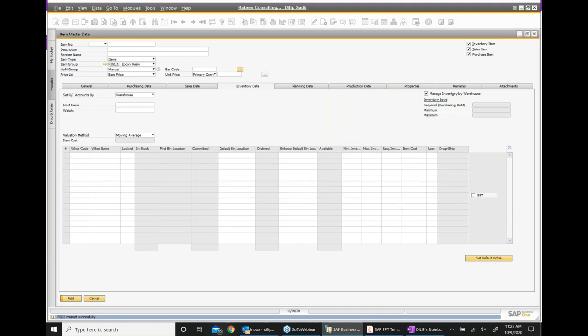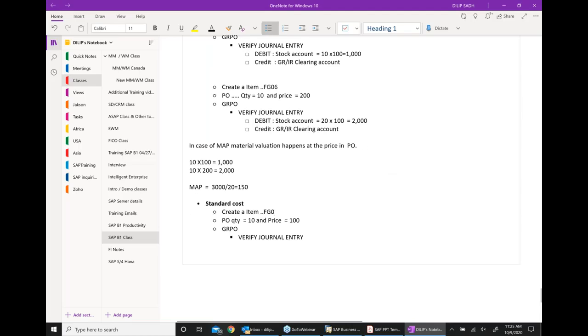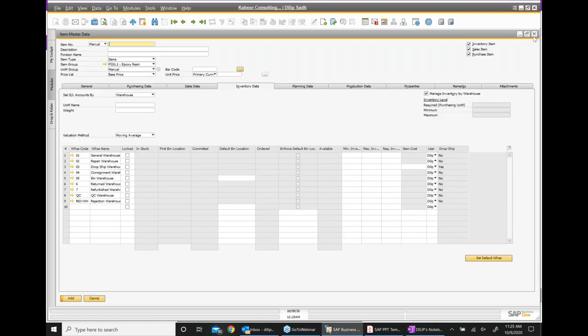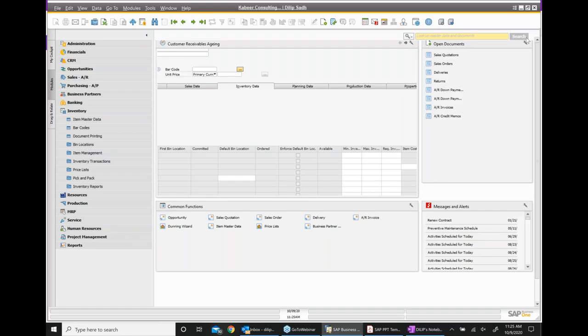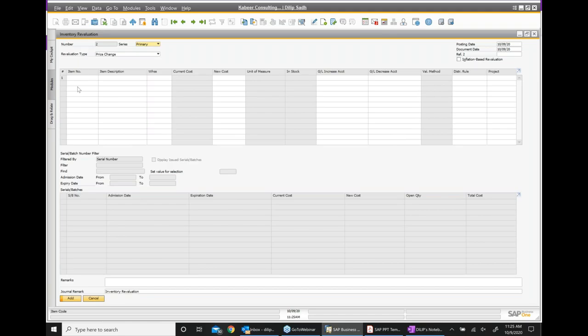So we create a material and we call it FG07. And in FG07, now I want to go to the revaluation document. So here we have something called inventory revaluation document.